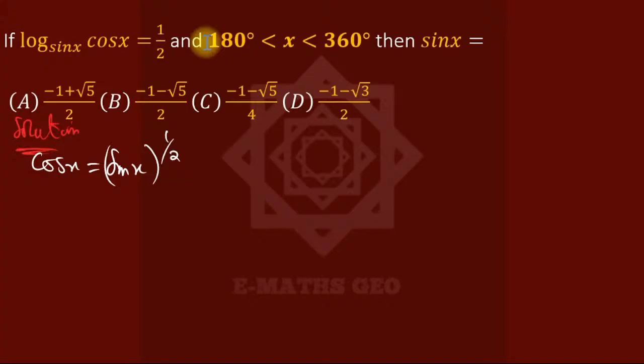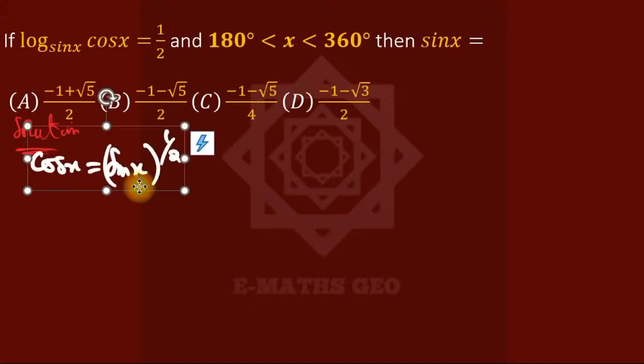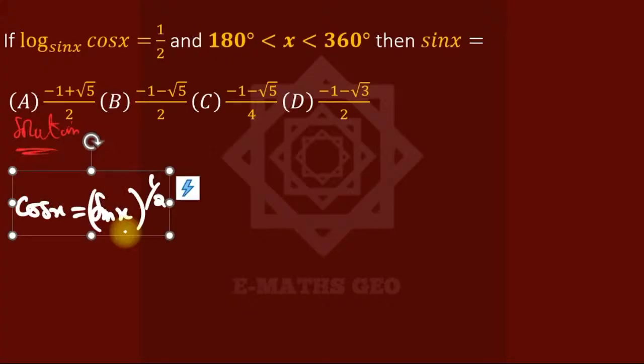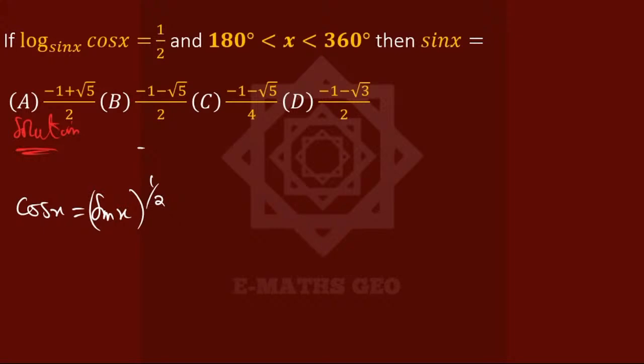Let me write the original equation: log of cos x in base sine x is equal to 1 over 2. First, I remove the log by moving it to the other side, and it becomes indices.